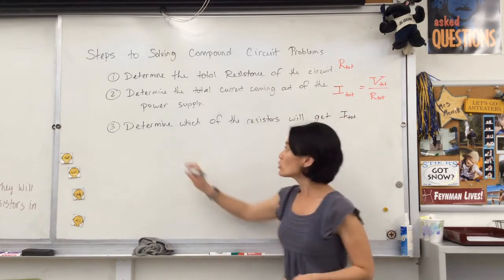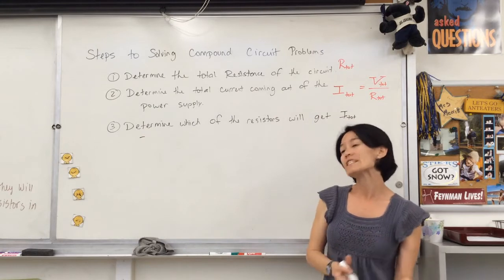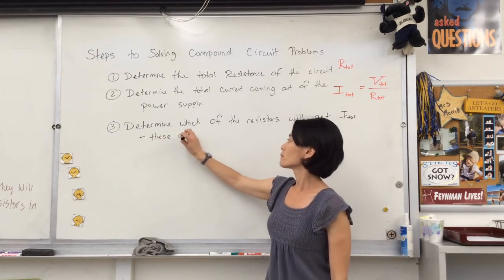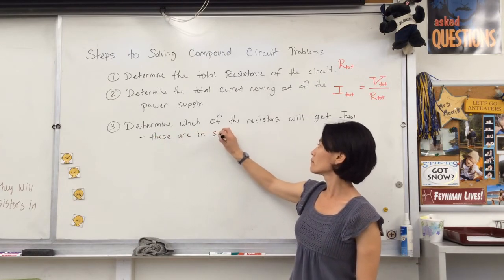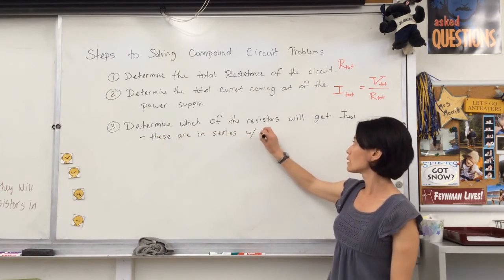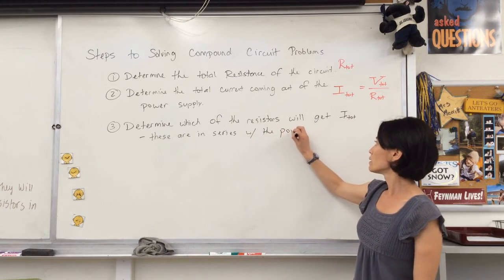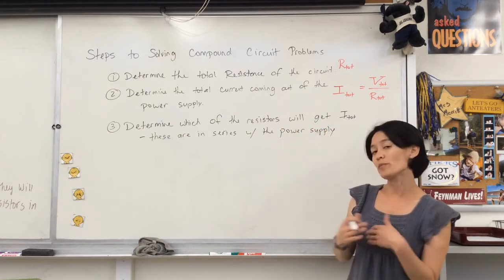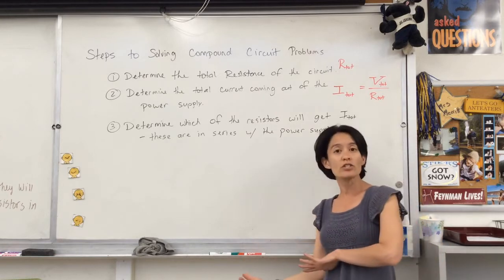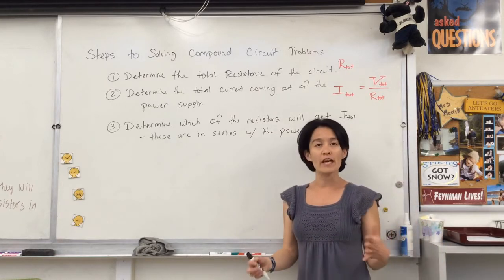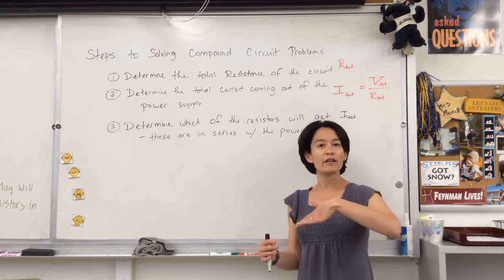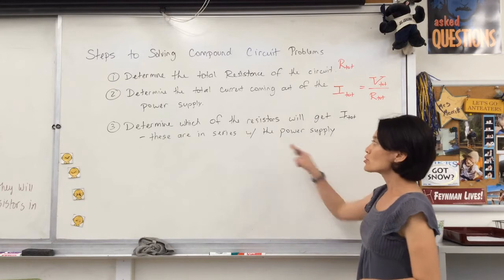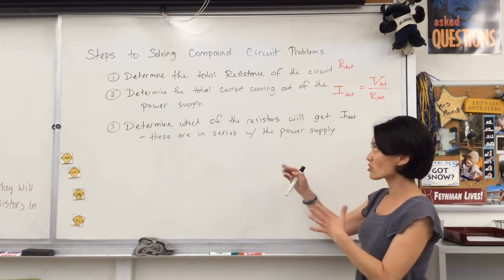And usually these are in series with the power supply. So either they are at the very beginning of the circuit or at the very end, coming right out of the path of the power supply, or going right into the path of the power supply. These resistors are in series and will get I total.